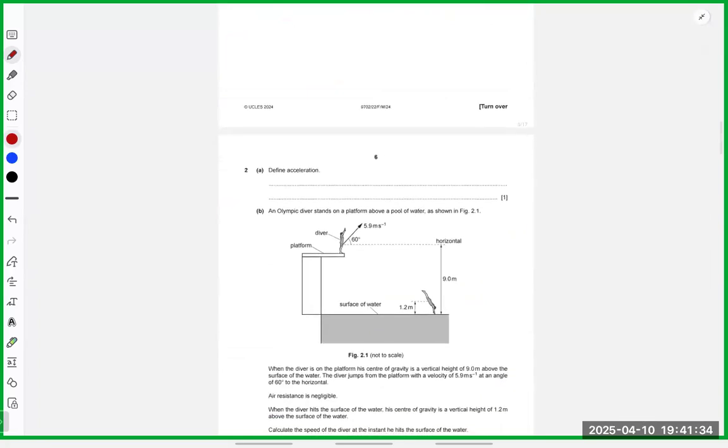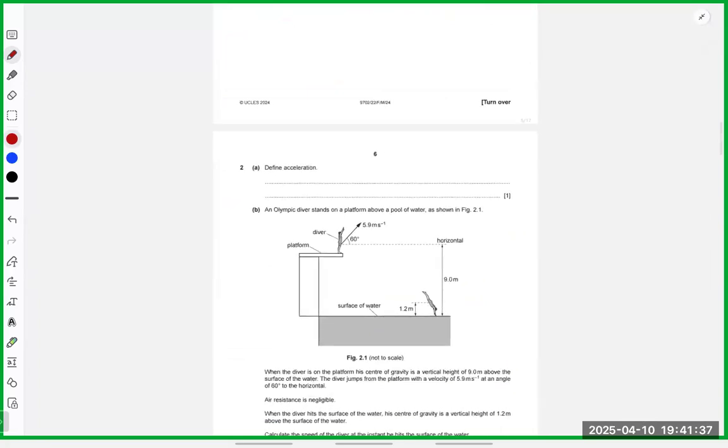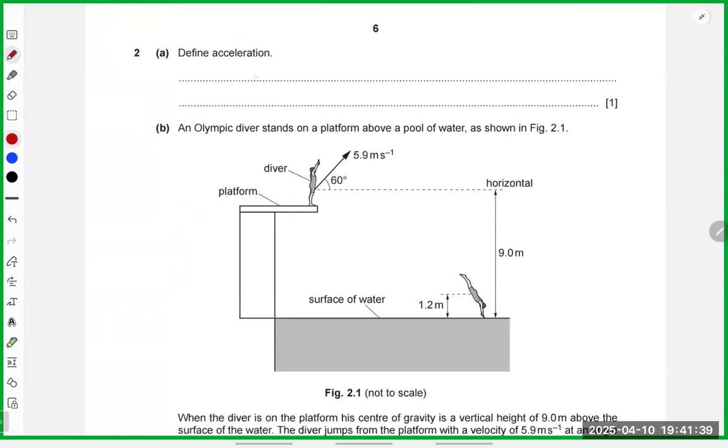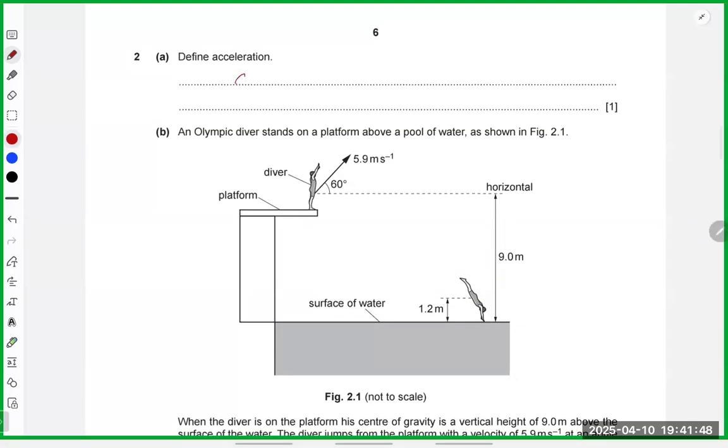Moving on to question number two. Define acceleration. Whenever we have to define a quantity, the simplest way is by writing down the very basic formula. So you can write acceleration as change in velocity divided by time.